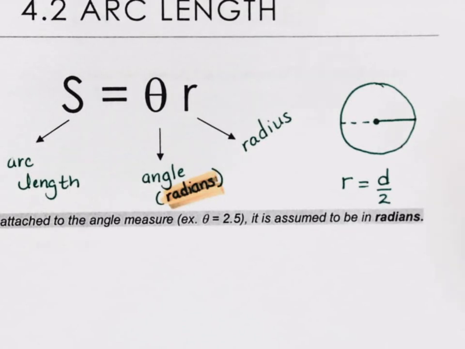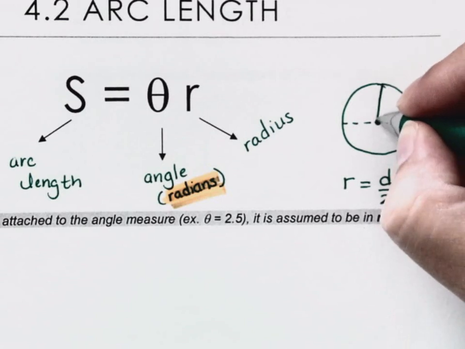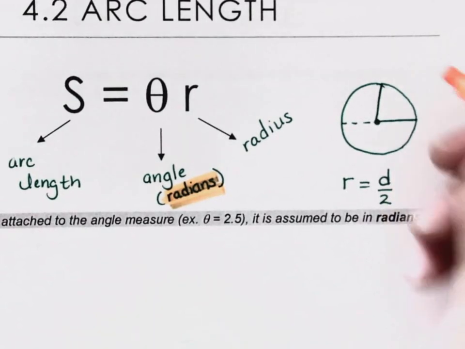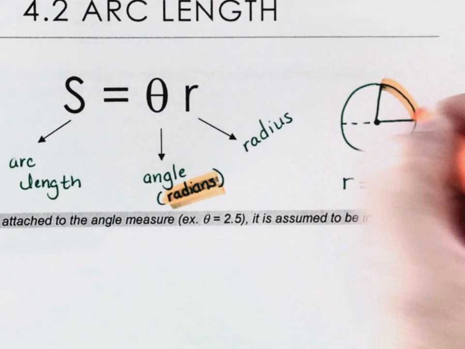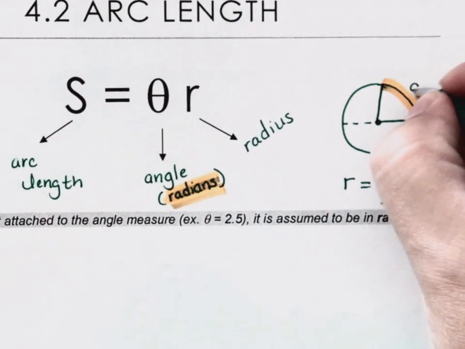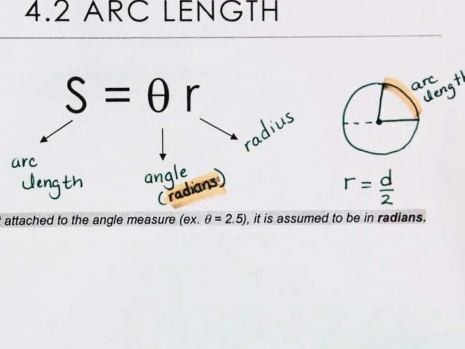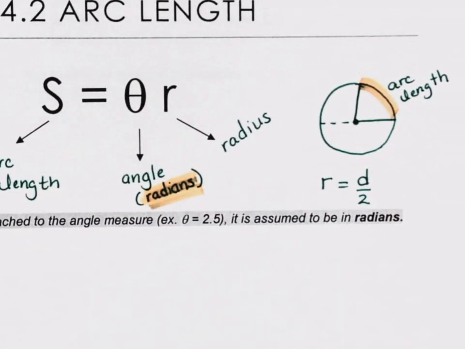So an arc length is the distance between two radiuses. The highlighted piece here, that's your arc length. Remember that a radius goes through the center.